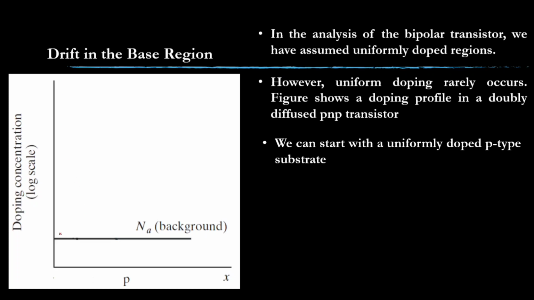You can see this concentration profile: the entire semiconductor is uniformly doped, so we have a p-type substrate now.